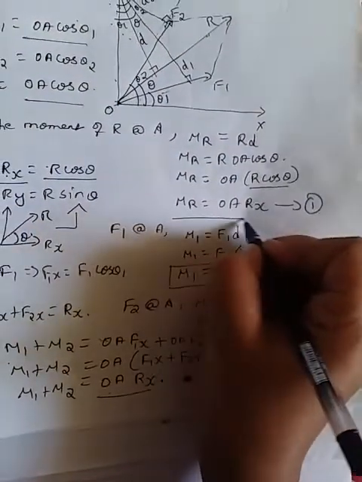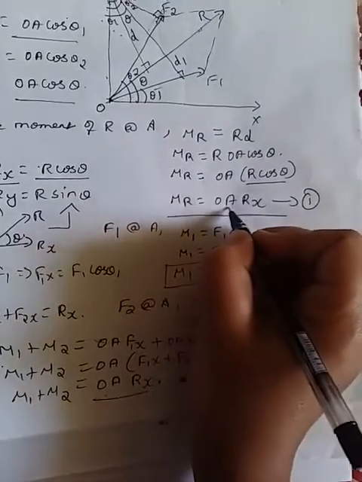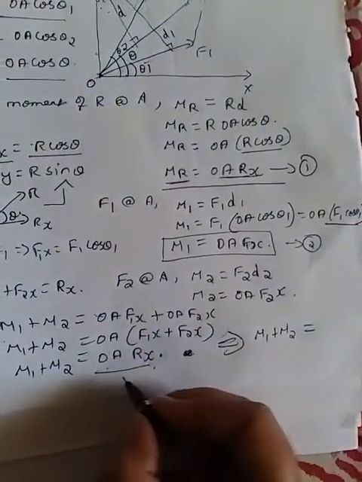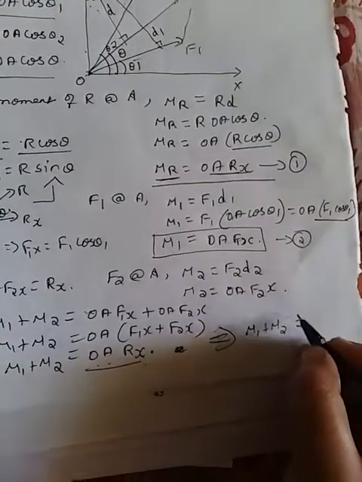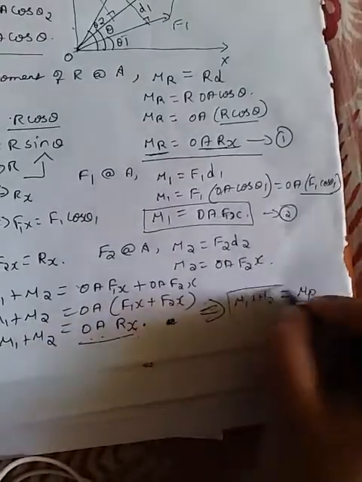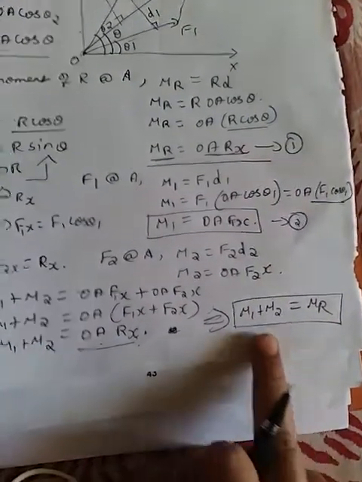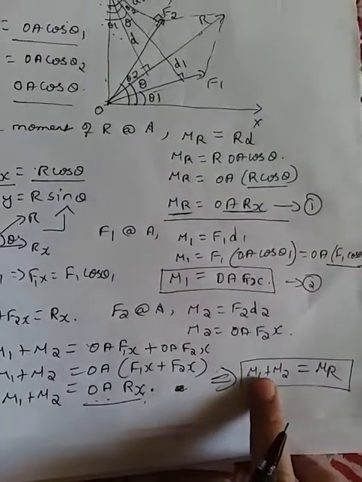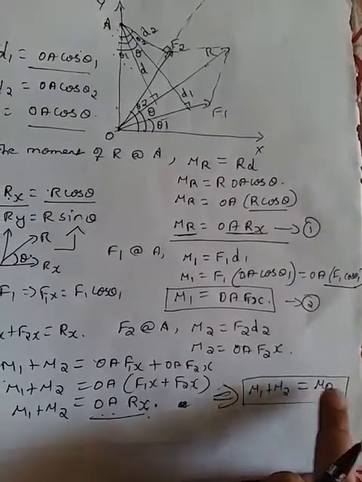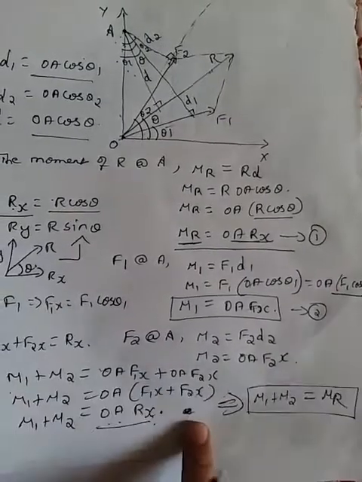So go to equation number 1, MR equals OA into Rx. So I am going to substitute MR in place of OA into Rx, M1 plus M2 equals MR. This proves Varignon's theorem: the sum of the moments of the forces must be equal to the moment of the resultant about the same point I have considered.